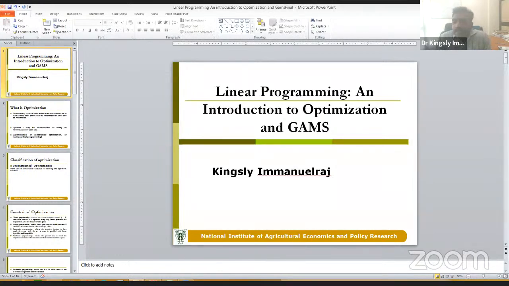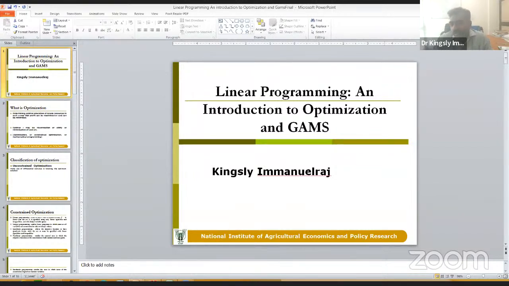But if you browse linear programming on Google, you will see very few papers, very little material.